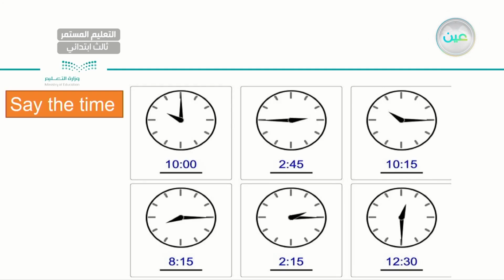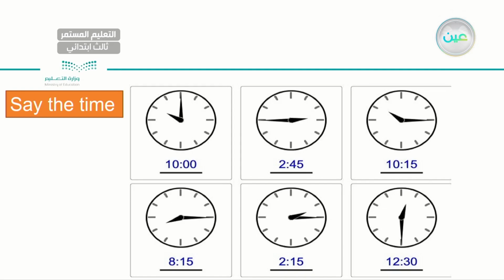Now let's read the time here. I have the time for you. It's 10 o'clock. Exactly 10 o'clock. 2:45. So we might say 2:45 or quarter to 3. Very good. Next one I have 10:15 or quarter past 10.